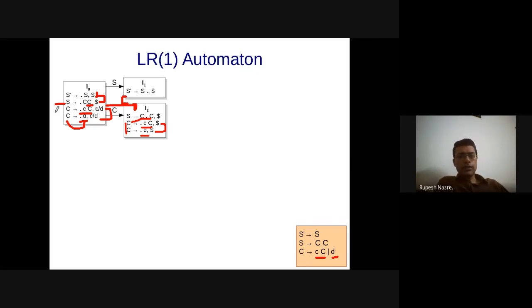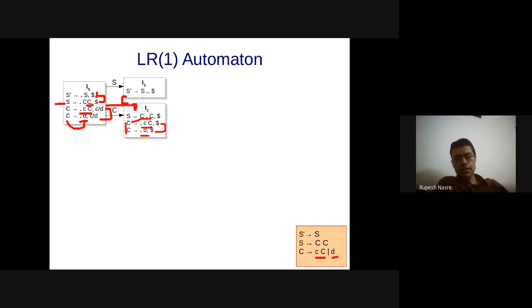Definitely dollar will not be the lookahead, because we are talking about small c, and if C derives c.C, that is small c dot capital C, then the lookahead is going to follow. Therefore, c/d is going to be the lookahead. So that first part, which is common in Arnav's and Sarthak's suggestions, is correct. The second part, C deriving .Cc, is also correct, and C deriving .d.